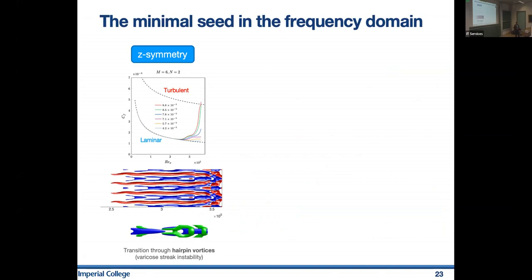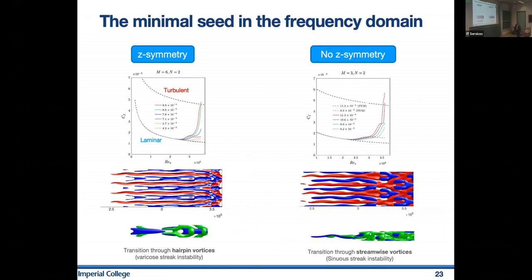So on the left, I'm summarizing the results that I showed you till now about the nonlinear optimization using spanwise reflectional symmetry. If I relax this condition, actually the streak breakdown is completely different, and this is much more efficient than the symmetry condition.